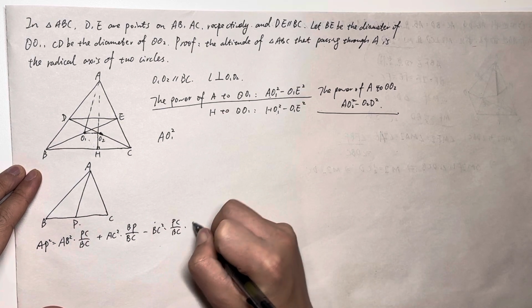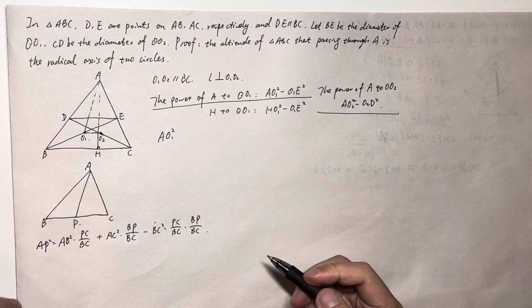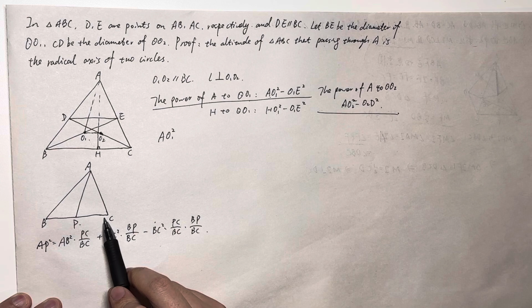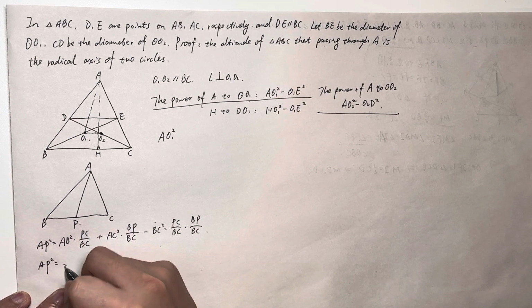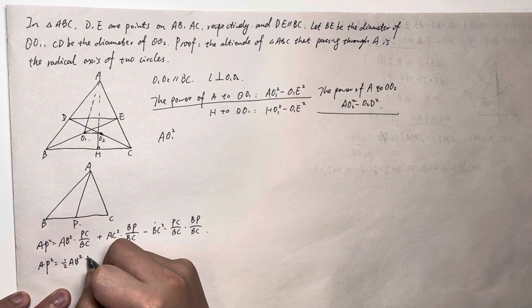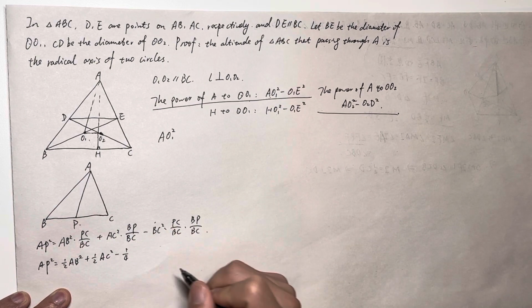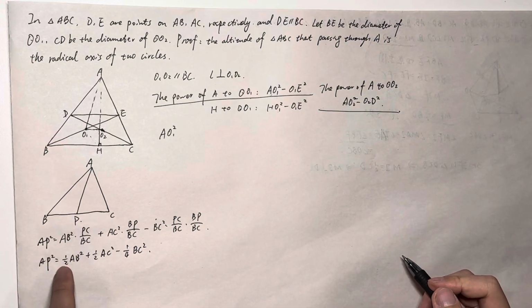In the case that P is the midpoint of BC, we have AP squared equals half of AB squared plus half of AC squared minus a quarter of BC squared.